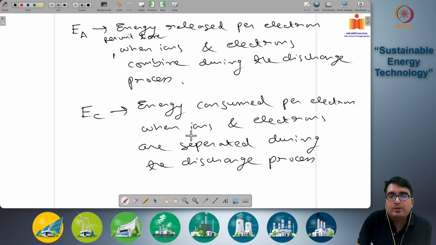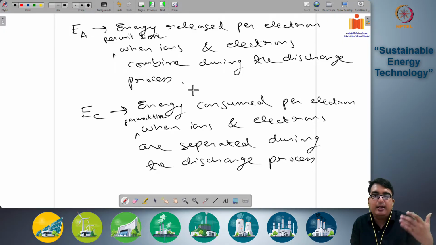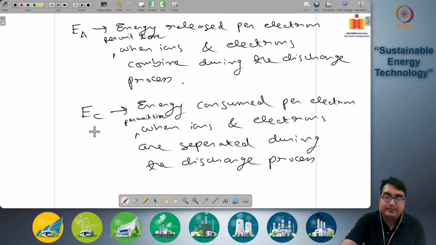Here also EC is the energy consumed per electron per unit time when ions and electrons are separated during the discharge process. So the energy consumed during the dissociation reaction and energy released during the recombination reaction per electron transport per unit time, that is EA and EC.